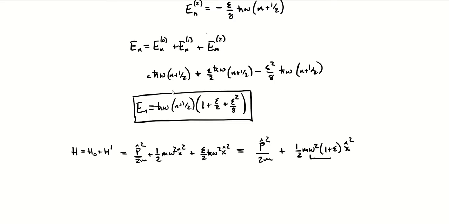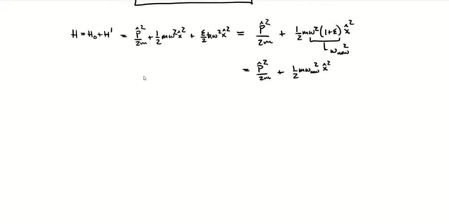So we can look at this and define some omega nu, right? And then this whole thing is just a harmonic oscillator again, p squared over 2m plus 1/2 m omega nu squared x hat squared.